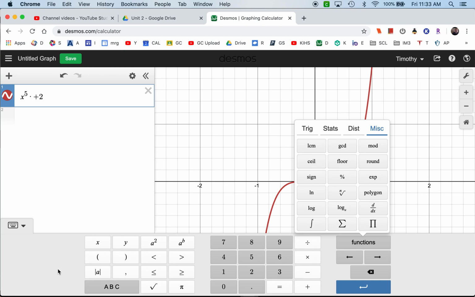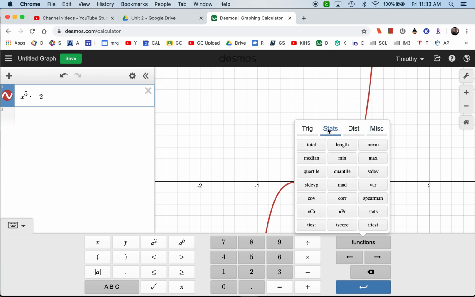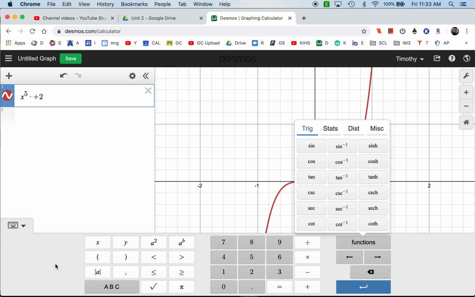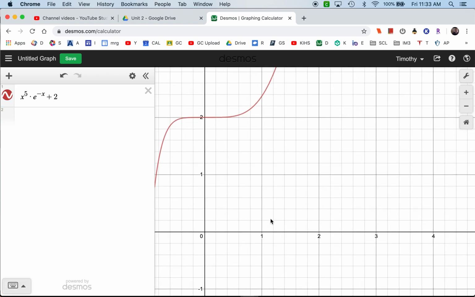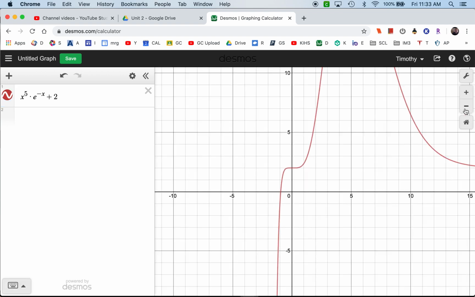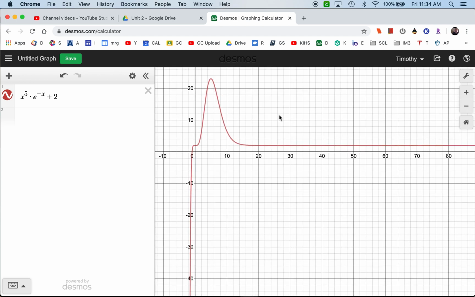Or am I missing where e is on here? I'm assuming that that's okay, right? Times e to the negative x. There it is. Ha! I didn't expand far enough.